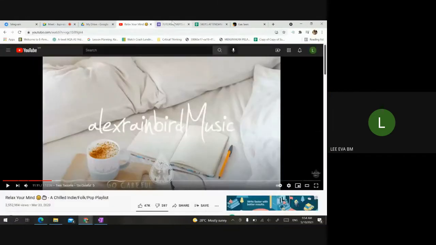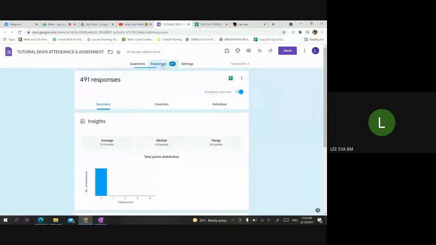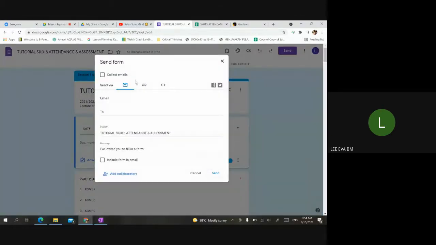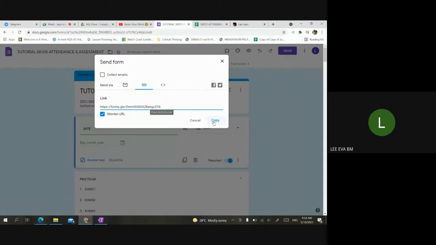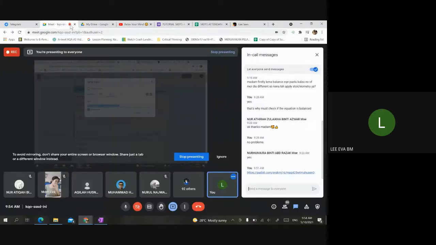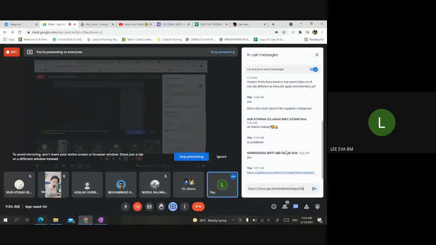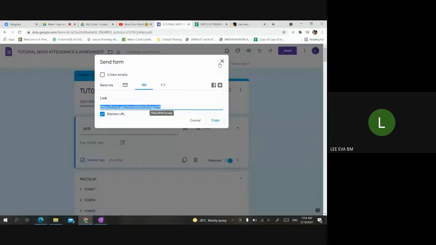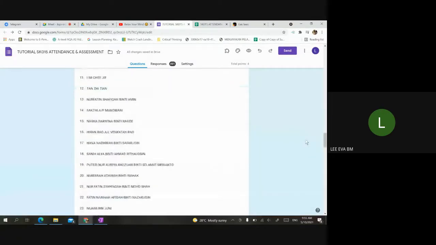Okay, so Madam sharekan awak punya formative assessment hari ni. Soalan pun senang. Also inside the chat box here. So the question is very simple.